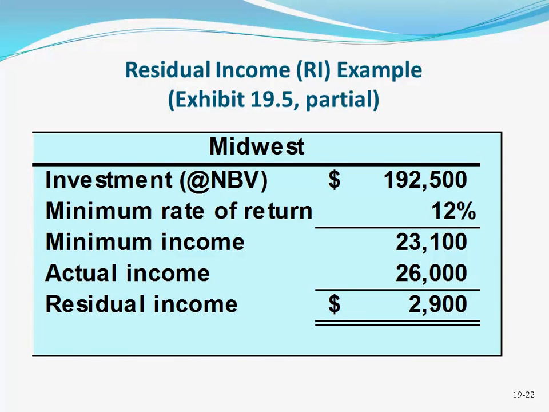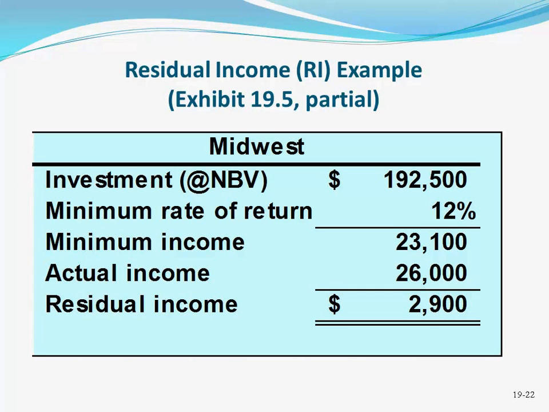The example here is drawn from the same data that we discussed before, for the Midwest region, and is based on a net book value measurement of investment. The net book value measurement of investment for the Midwest was $192,500 asset base. And the minimum required rate of return was 12%. So the minimum that the Midwest requires is 12%.